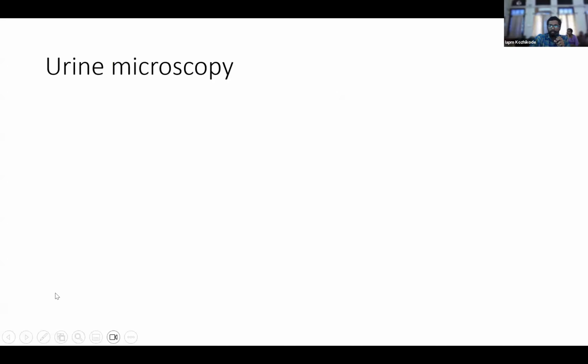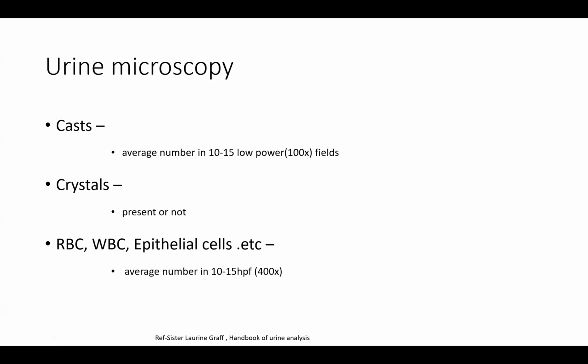Now coming to a very important topic, urine microscopy. I think it is not given much importance in our scenario, but I believe it is very important. In the report, we should count the number of casts in 10 to 15 low power fields, WBC and RBC in 10 to 15 high power fields, and look at the crystals.